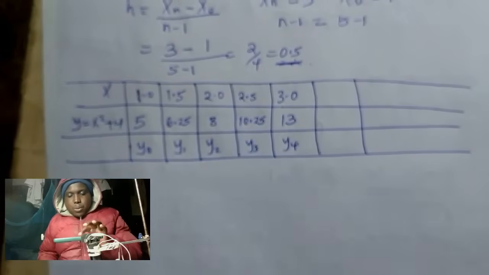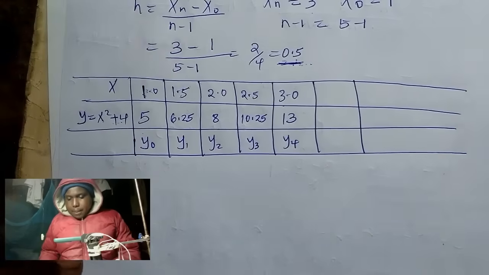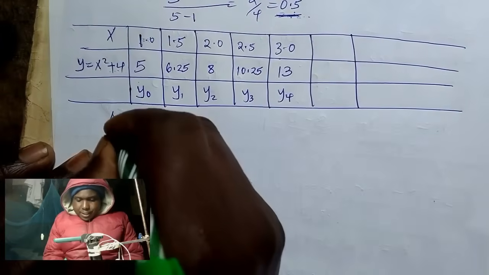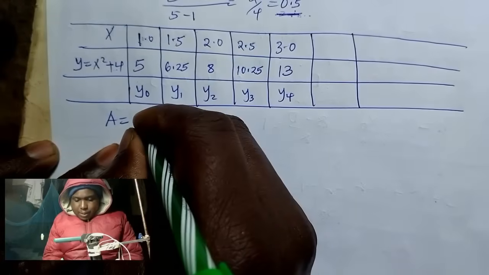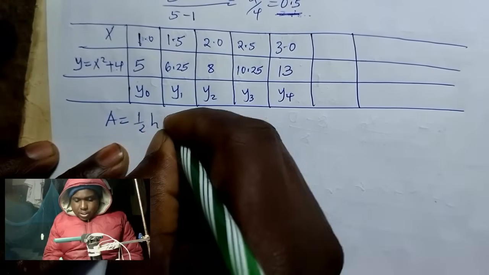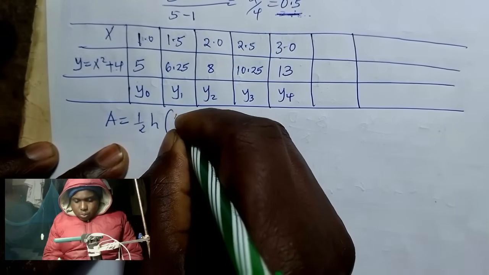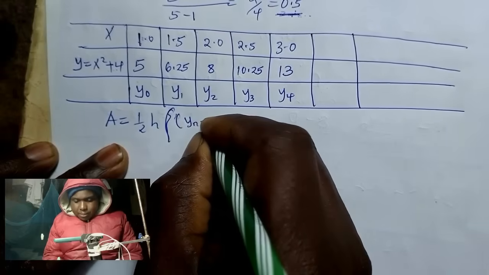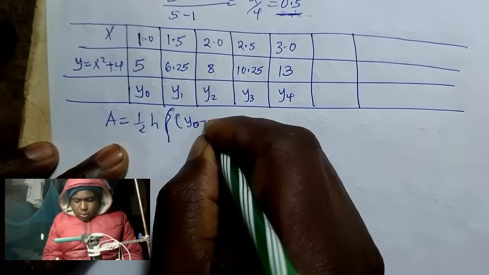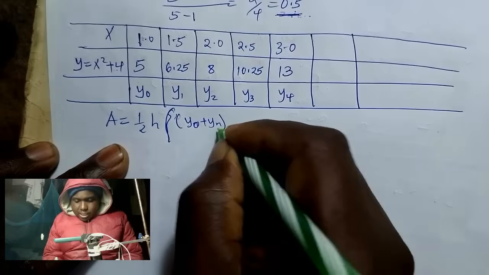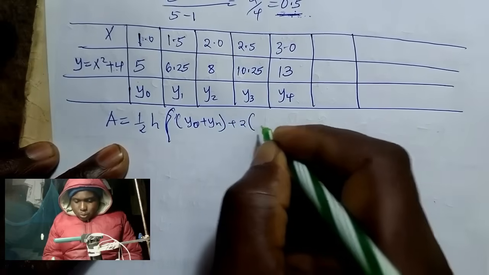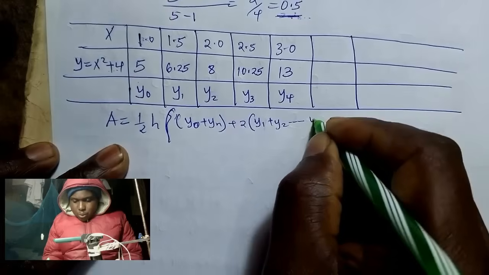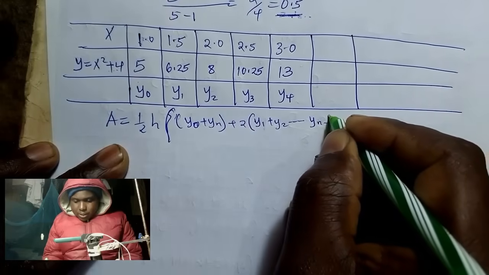Go back to the formula and apply the formula now. Area by the trapezium rule is given by a half h into open bracket, y naught plus yn, plus 2 into y1 plus y2 all the way to yn minus 1.